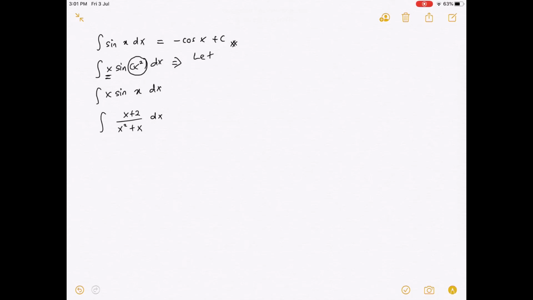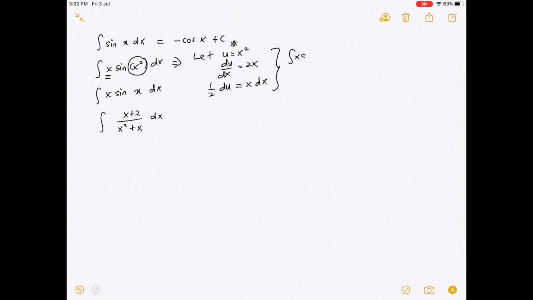So let u equals x squared. Then if I differentiate this, I will have 2x, and then there's an x dx, right? So what's left on the left hand side is 1 over 2 du. So you can substitute already.